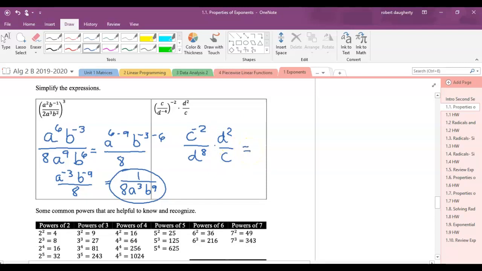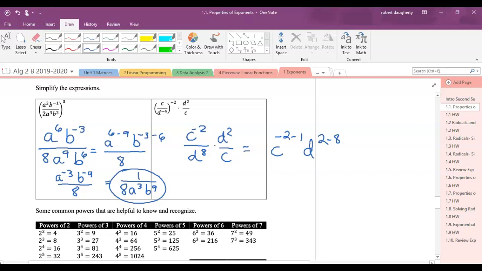Okay, so this is going to be c to what power? Negative 2, what? What's the exponent here? Yeah, so it's negative 2 minus 1. And then d to the what power? 2 minus 8?